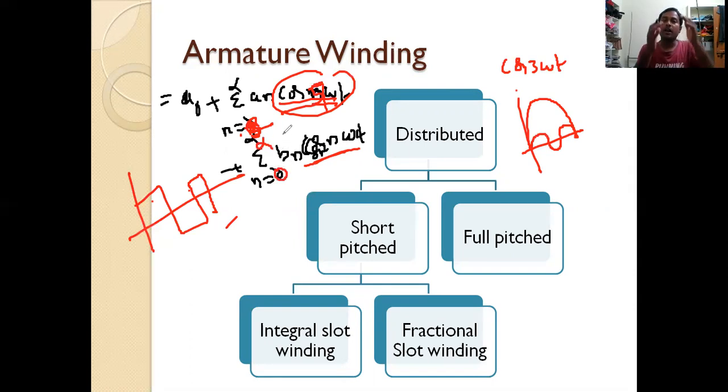If you add all harmonics to the fundamental waveform, that will become a square wave. So by using this Fourier analysis, any waveform can be represented in terms of cos and sine along with the harmonics. This is the Fourier series analysis, which we will get in mathematics.